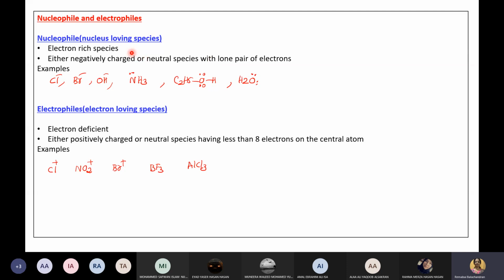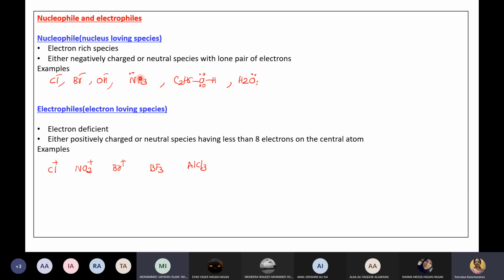Okay, so nucleophilic means loving. Nucleophilic species means nucleus-loving species. You know, like charges repel, unlike charges attract. So nucleus-loving species should have the opposite charge, a negative charge, since the nucleus is positively charged.